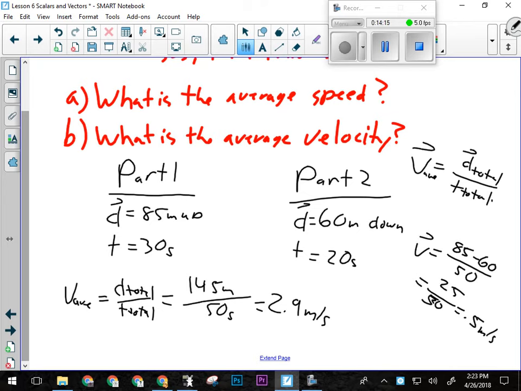But what do I need on this? The vector quantity. I need a direction. What is the direction? Up. If you didn't have up, would you get that right? You would not. It's a vector quantity, so it has to have a direction. Questions on that one?